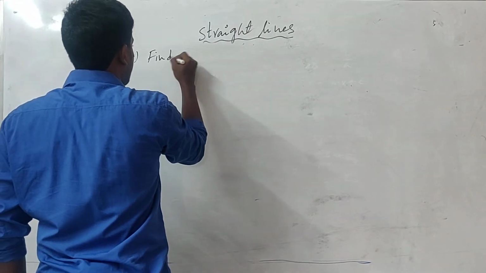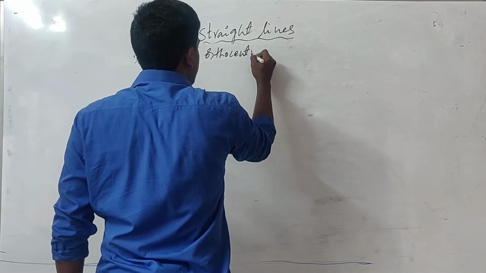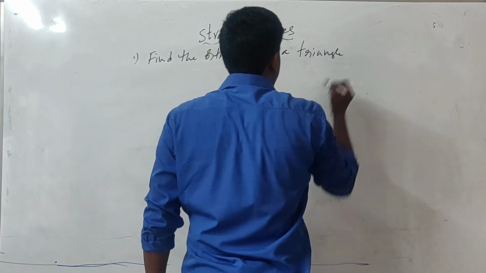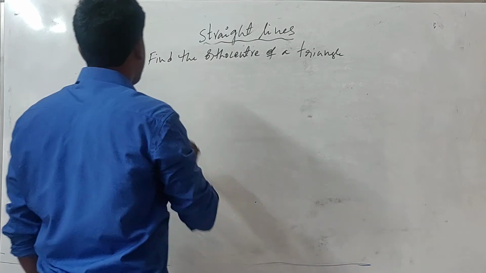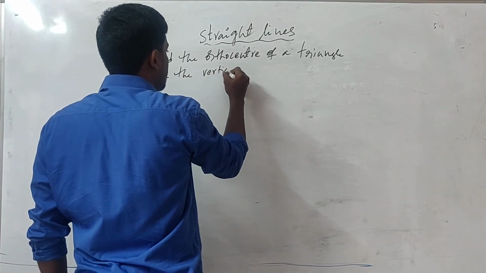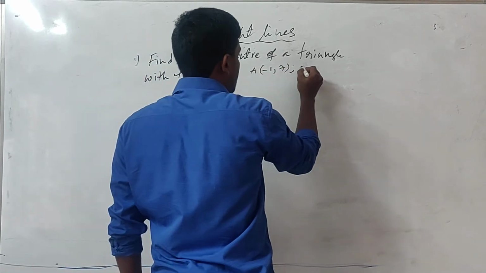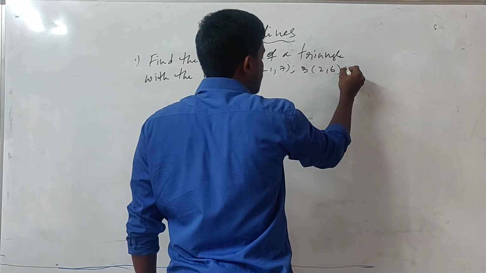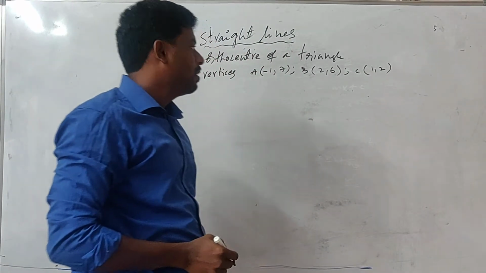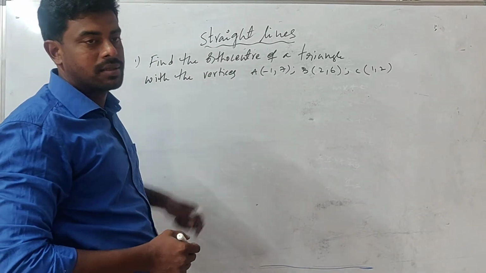Find the orthocenter of a triangle with the vertices A, for example, minus 1, 7, B 2, 6, and C, for example, 1, 2, whatever it is. Find the orthocenter of the triangle by using these vertices.